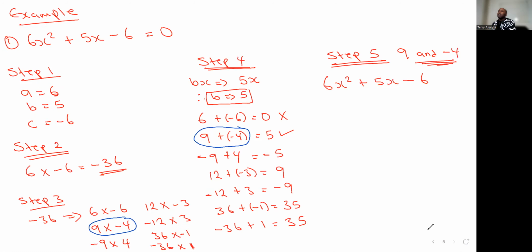So it's going to give us 6x squared, but instead of having 5x, you're going to rewrite it with the product pairs, which is 9x and minus 4x. Then you now have minus 6. So you can see 9x minus 4x is going to give us 5x. So technically, we did not do anything different. Is that okay?